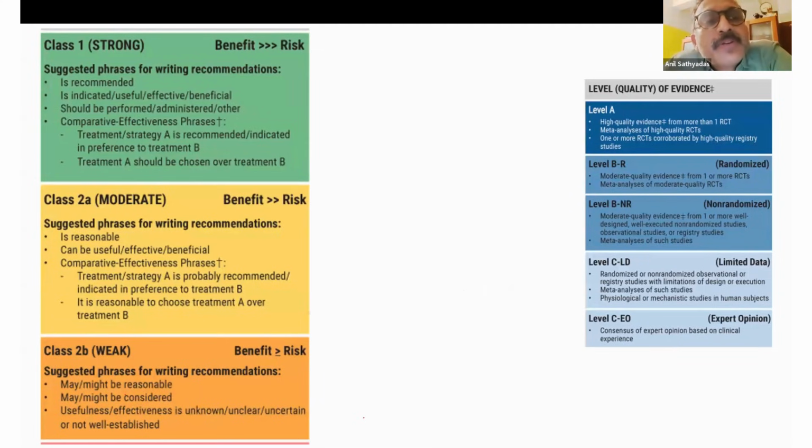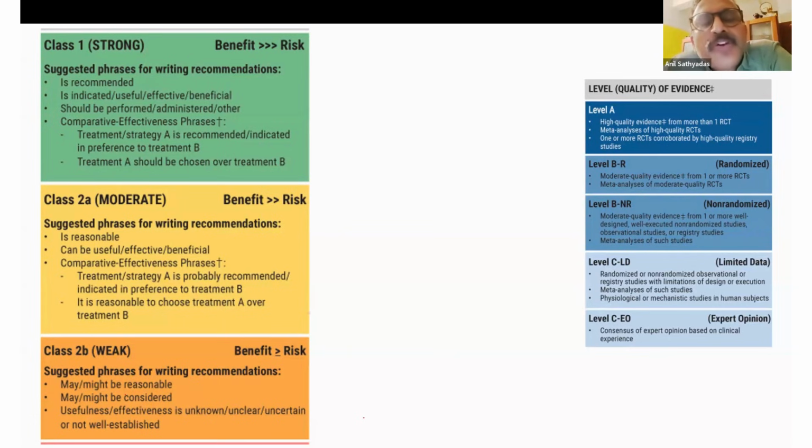And different chapters have the tables being shown. Any of the guidelines or recommendations that they make is classified according to the strength of support, whether you have to do it or not. If you have a class 1 recommendation, that's called a COR, class of recommendation, 1 means it should be done.